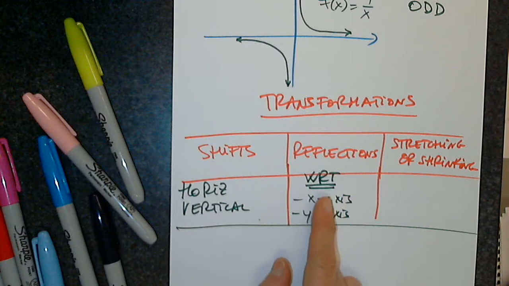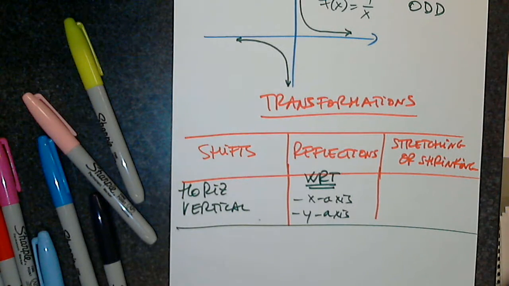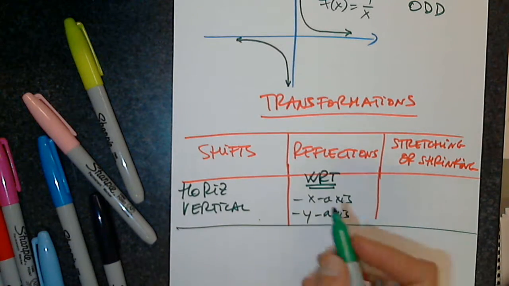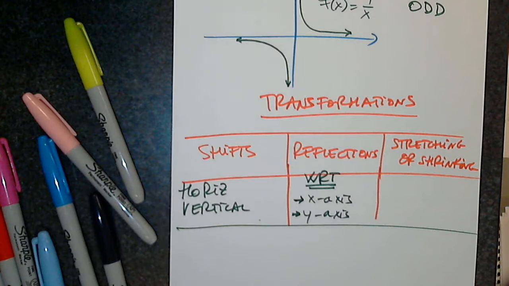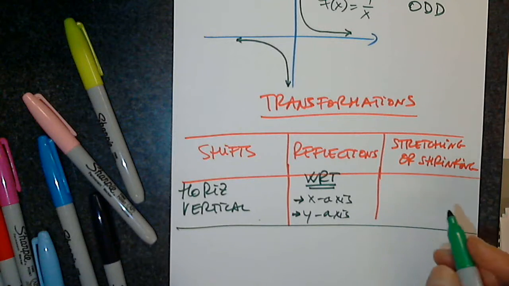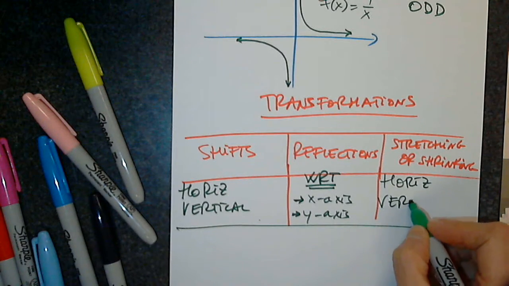So reflection with respect to the x-axis and with respect to the y-axis. And stretching or shrinking, of course, horizontal and vertical.